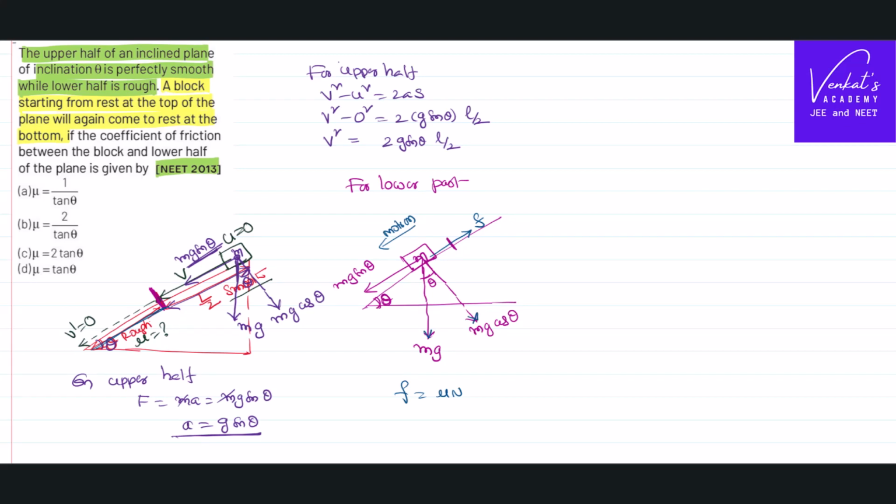It is mg cos theta, the force applied by the block on the floor normal to the surface, and the normal reaction is the same in the opposite direction. So friction is mu mg cos theta. Now I know the frictional force, so I can write a resultant equation for the motion in the lower half. So what can we write?